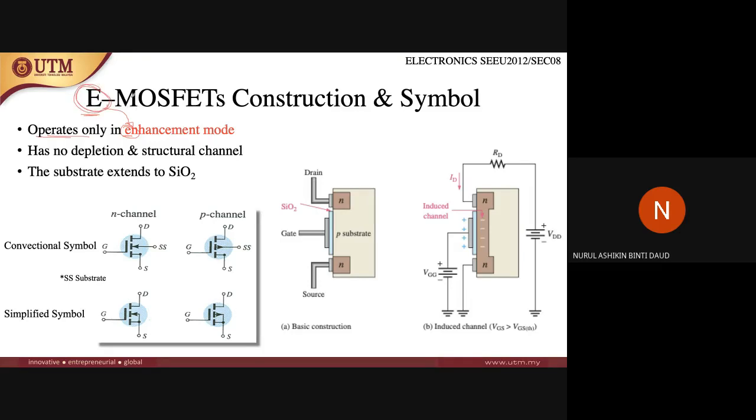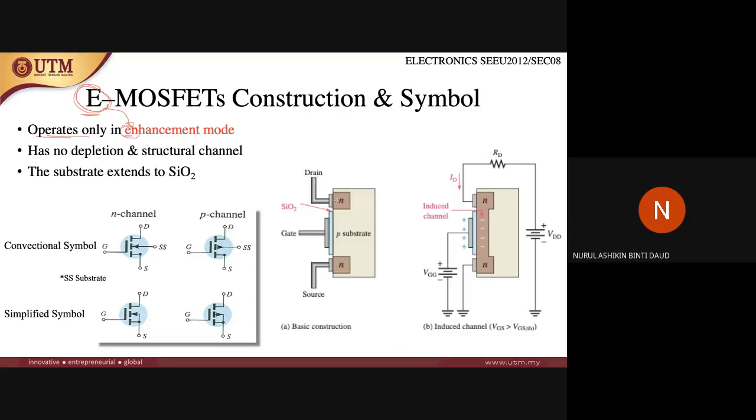So it has no depletion and no structural channel. The substrate extends to silicon oxide, or silica. This is also called silica or silicon oxide. These are the basic construction of the E-MOSFET.